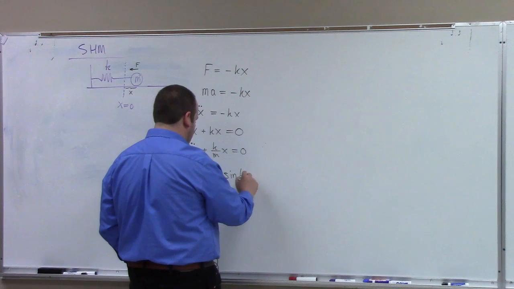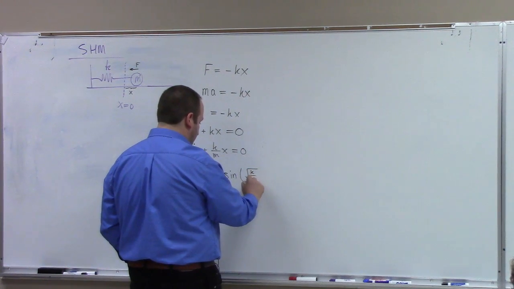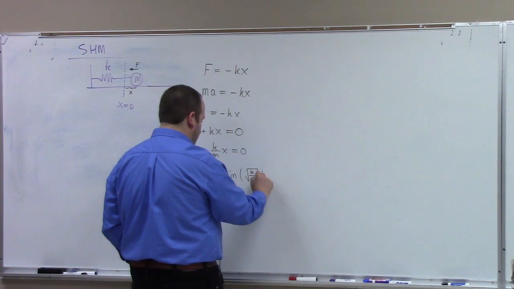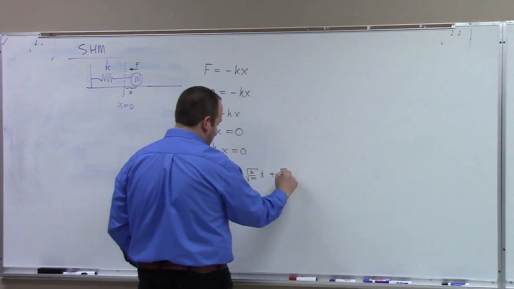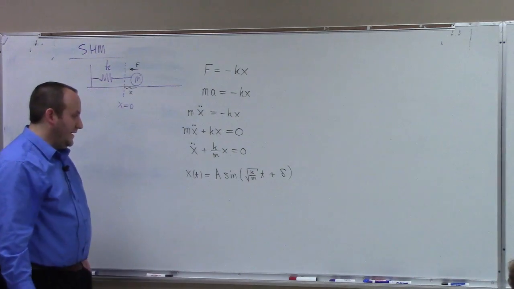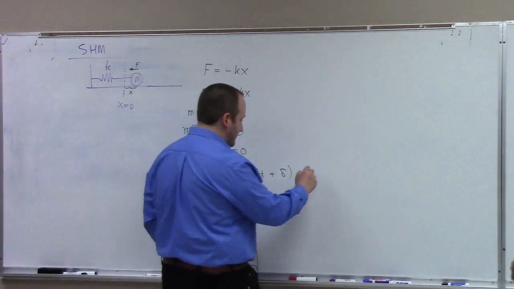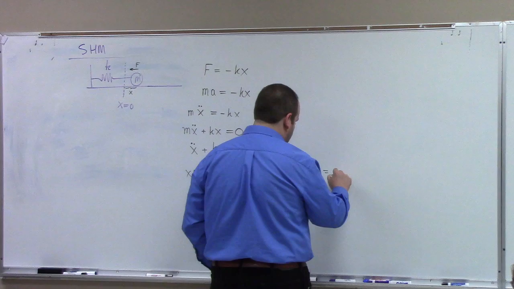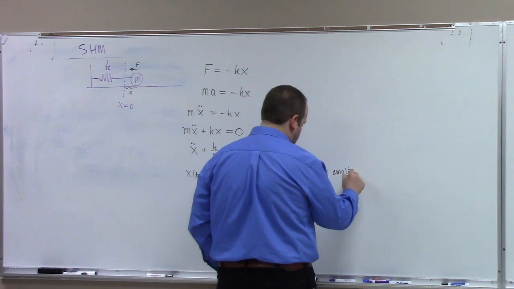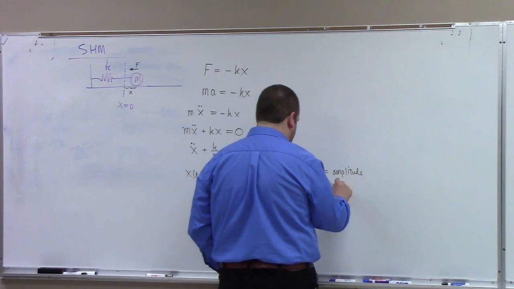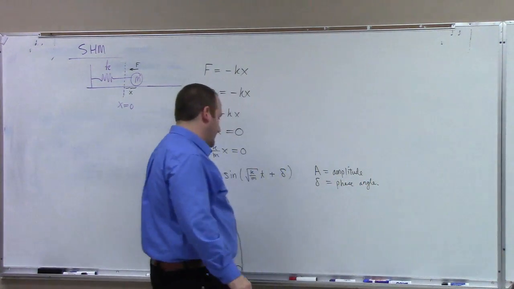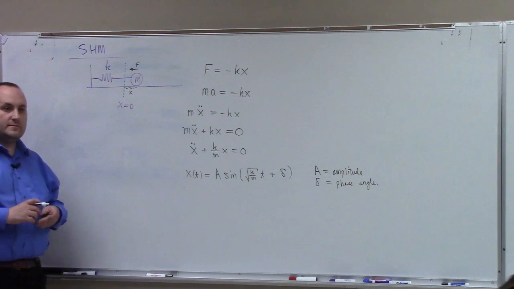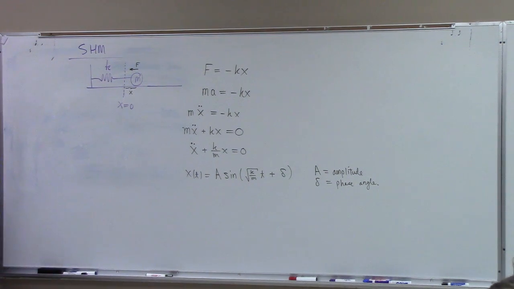Cosine of the square root of k over m times t, and then plus some phase angle, say delta. Here, A is called the amplitude, and delta you could call a phase angle. I'm not sure it's a standard phase angle. I don't know what's standard. You can ask your engineering professors. Whatever. Anyway, there it is.